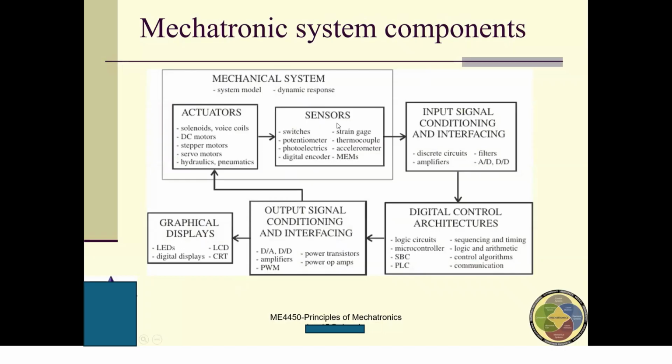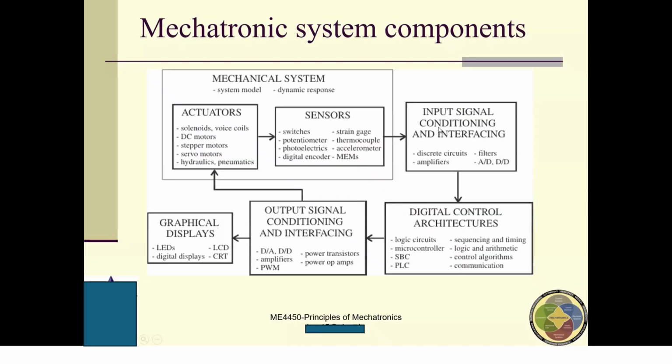When the sensors get some information from our environment, it is fed into the industrial signal conditioning and interfacing. Remember, this is for the preparation of the signals that the microcontroller is going to process. So this is not a microcontroller yet.